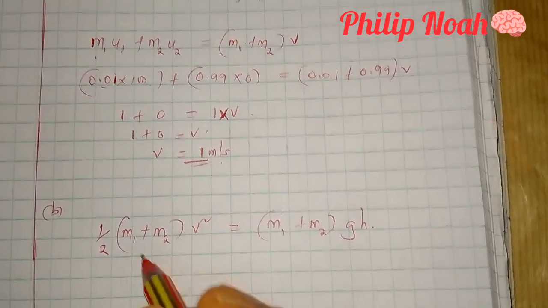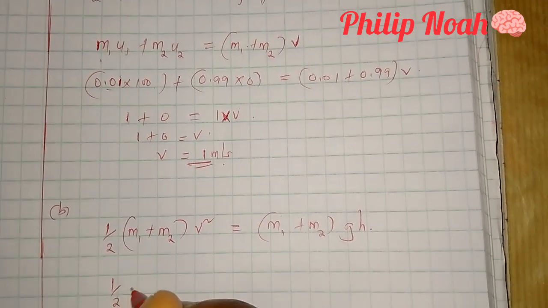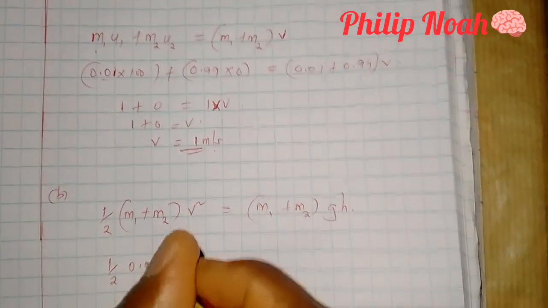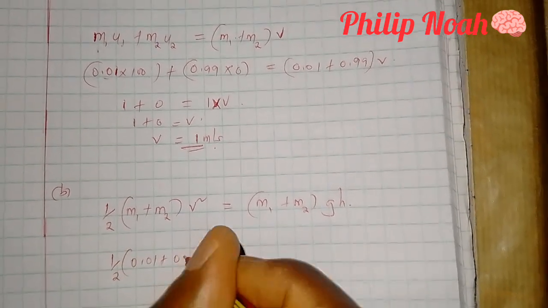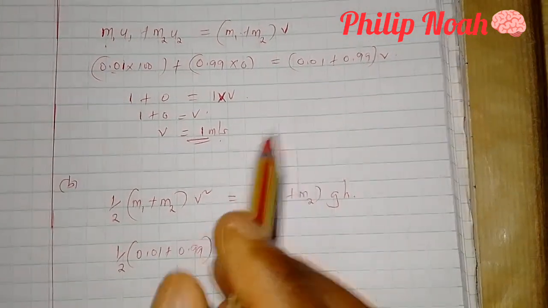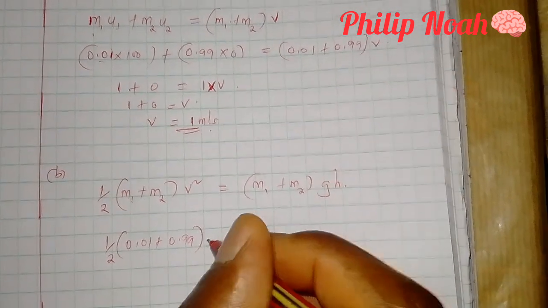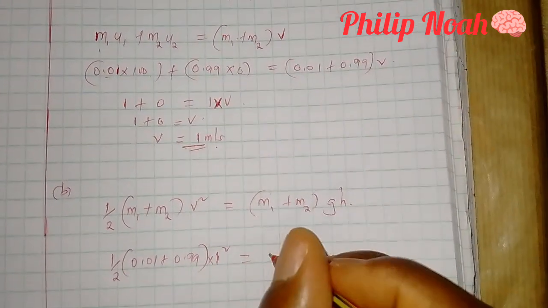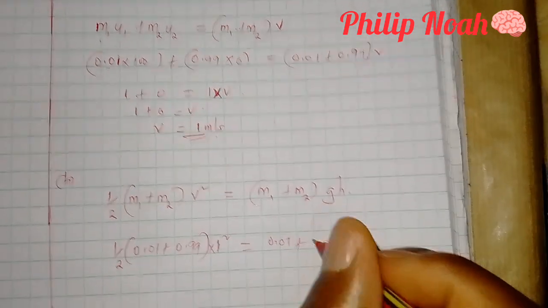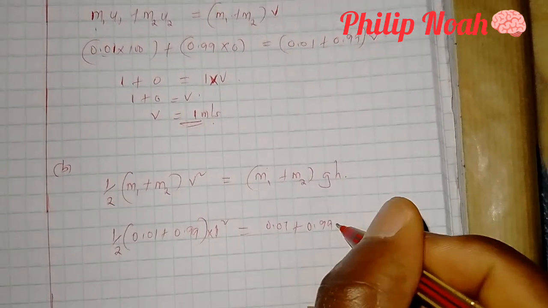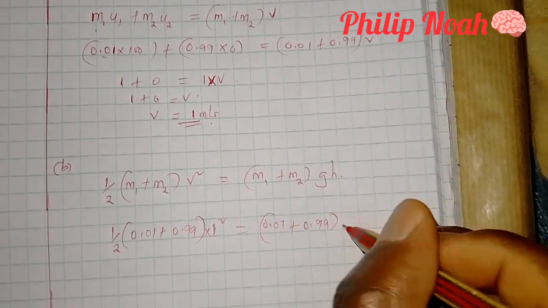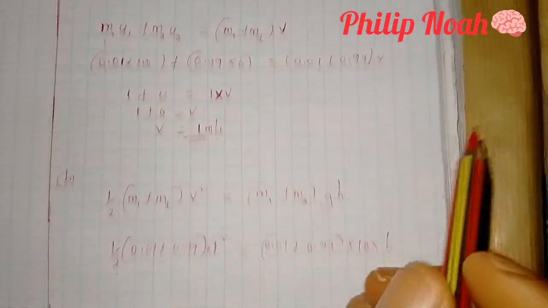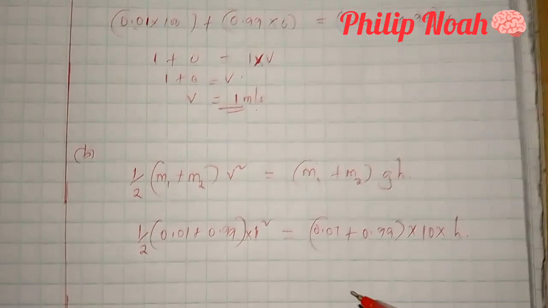So we just substitute: a half times (0.01 plus 0.99) times 1 squared equals (0.01 plus 0.99) times g, which is 10, times h, which we are asked to find.